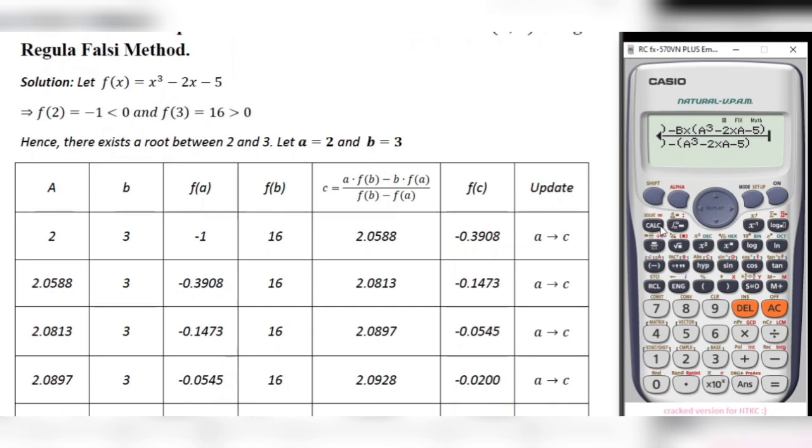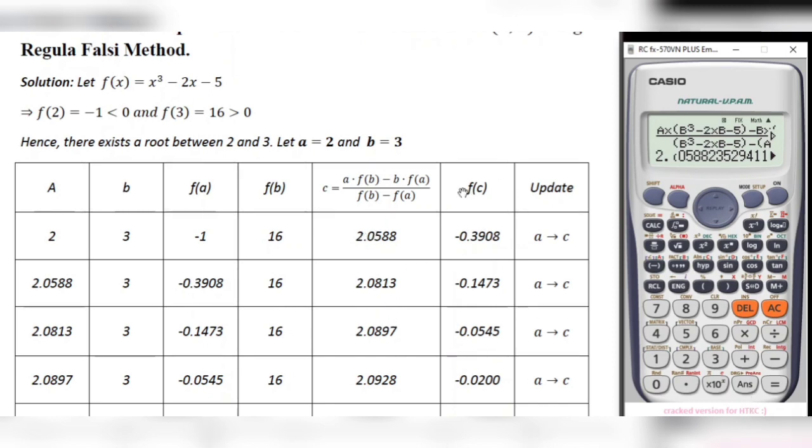Next press calc. The initial value of a is 2 and initial value of b is 3. If I press equals, I get c as 2.0588. Now this value is stored in answer.